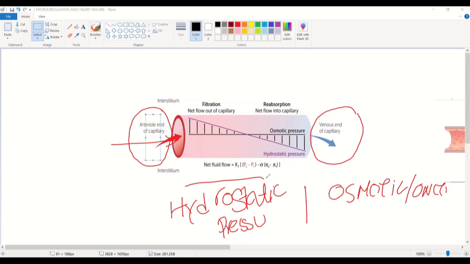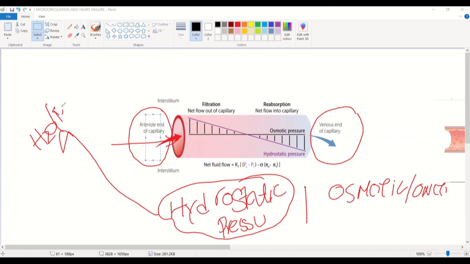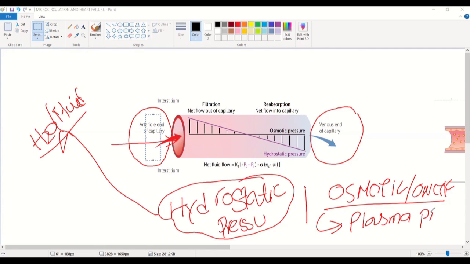This hydrostatic pressure is mainly determined by water or fluid, and this oncotic pressure is mainly determined by plasma protein. Which protein mainly? Albumin.